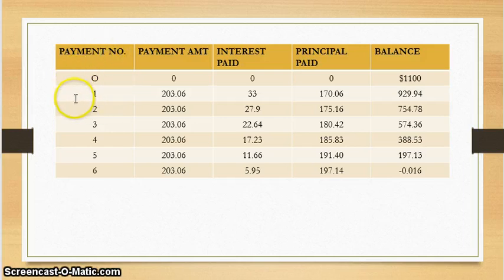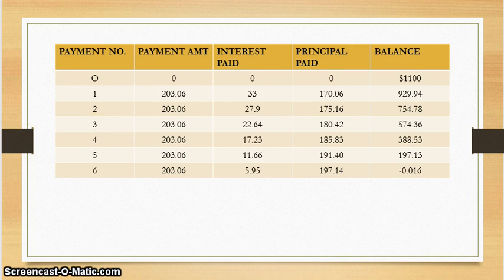So we begin with time 0 where we borrowed our money. Then at time 1, this is the first payment of our installments to the loan. This row will be showing 6 payments: payment 1, payment 2, payment 3, payment 4, payment 5, and payment 6. 6 payments for the 3 years, because 2 payments were made every year.